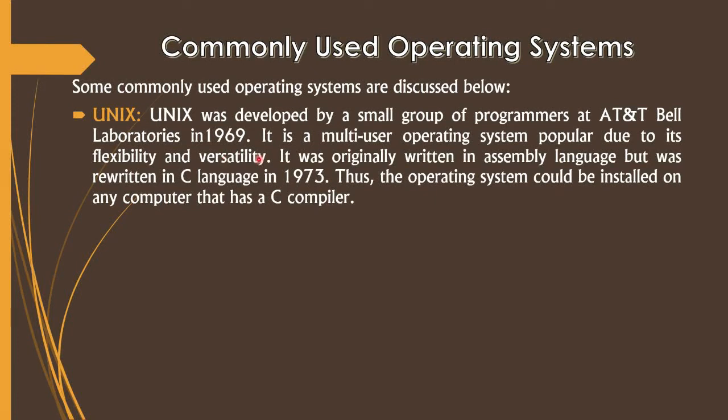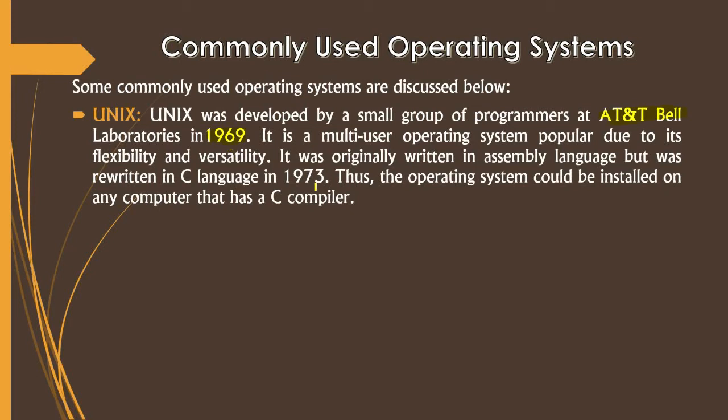So, the Unix operating system, who developed it? It was developed by AT&T Bell Laboratories in 1969. Okay, so this is a multi-user operating system. Multi-user operating system means what?